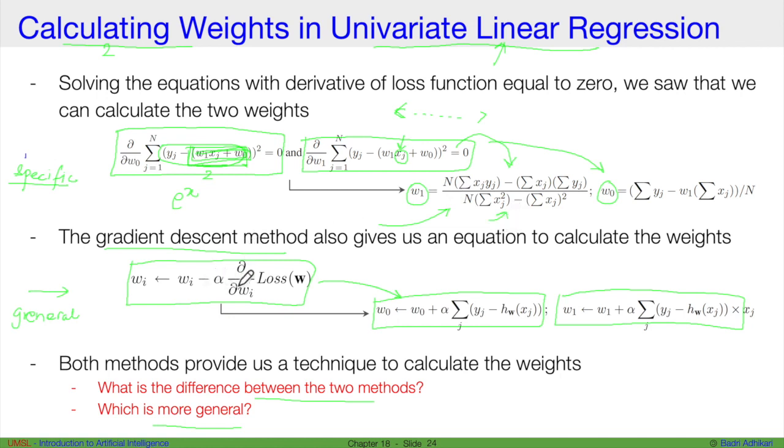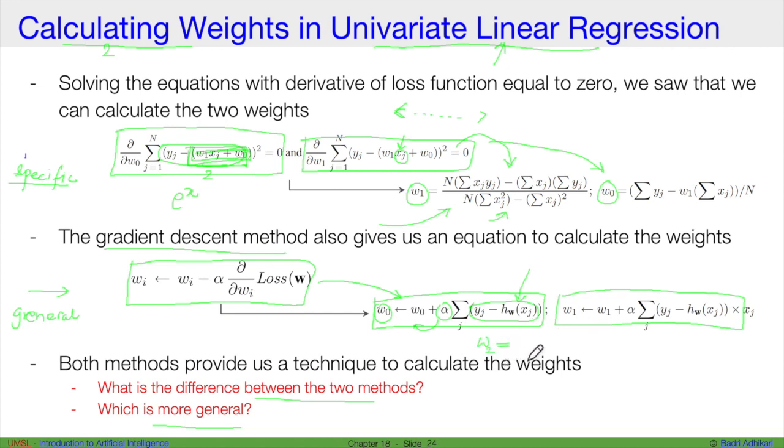Whereas this gives you a general way to calculate, as long as you have a way to calculate your loss function, then you can multiply that by alpha, subtract from W naught, and that gives you new values of W. So this is a much more general way of updating weights each time than the first way. Now this can also be very easily extended to calculate next weights. Let's say, for example, I have another weight W2.